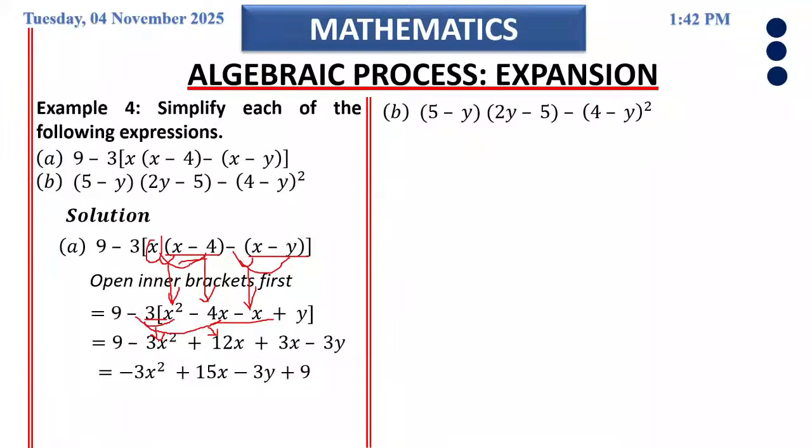So for the B, we have 5 minus y, times 2y minus 5, minus 4 minus y all squared. Don't forget, all what we have been applying is still part of what we have known in basic maths. When you are given this, you can take care of this bracket, but both can actually be done simultaneously, meaning as you are expanding one, you are expanding the other.